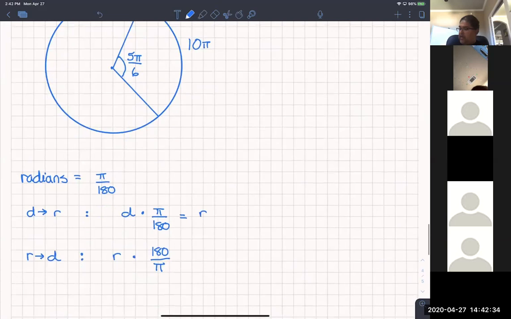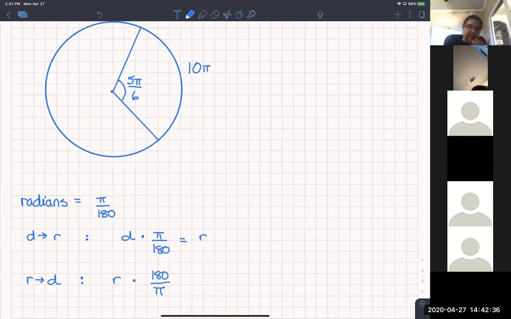Now, depending on what you're given, the formula for arc length is different.